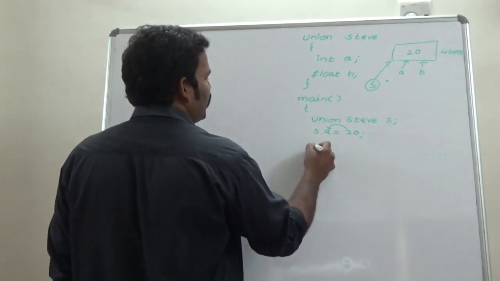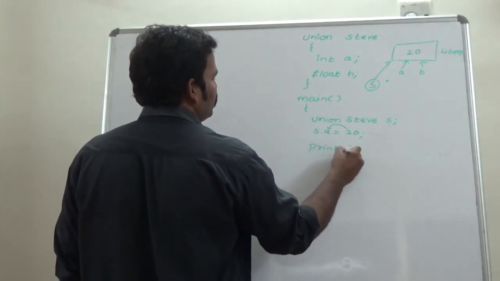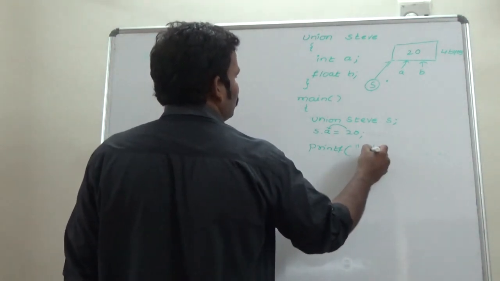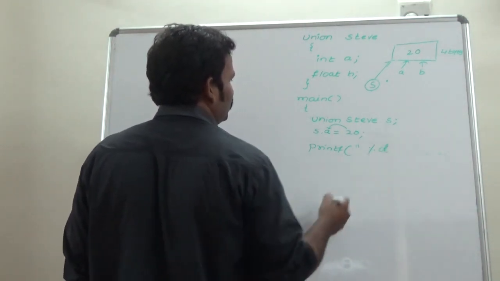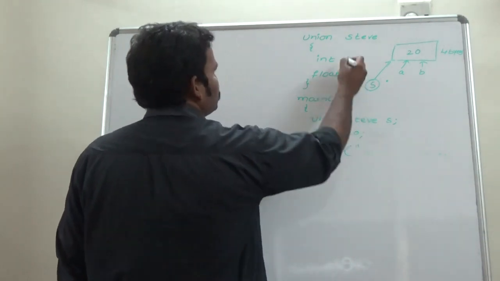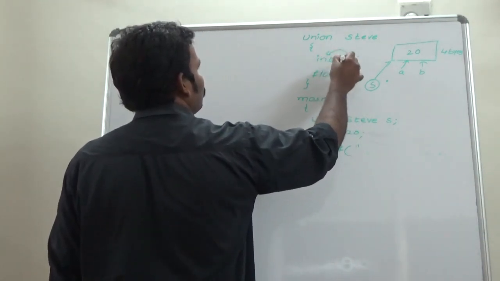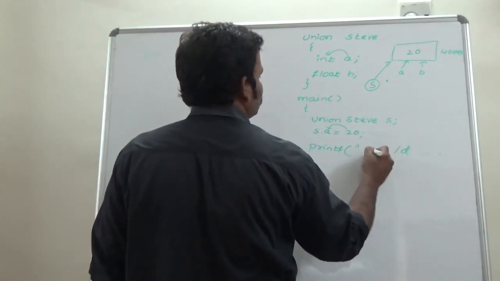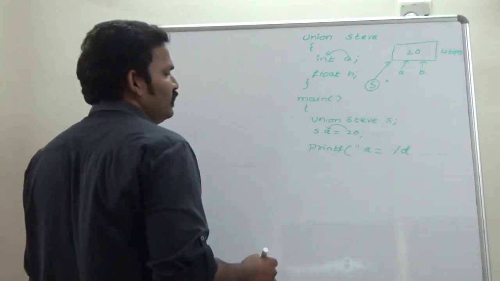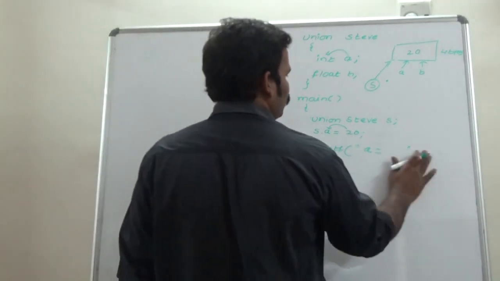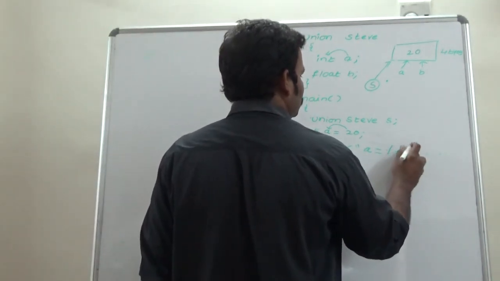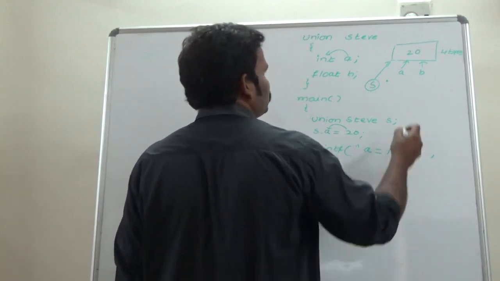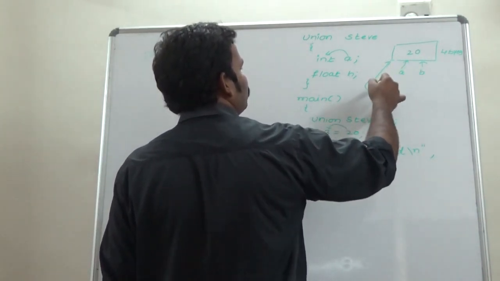Now I want to print that element on the screen, printf. The format specifier of int data type is %d. So before the value, I want to display a is equal to %d \n, comma. How can we access members of a union?